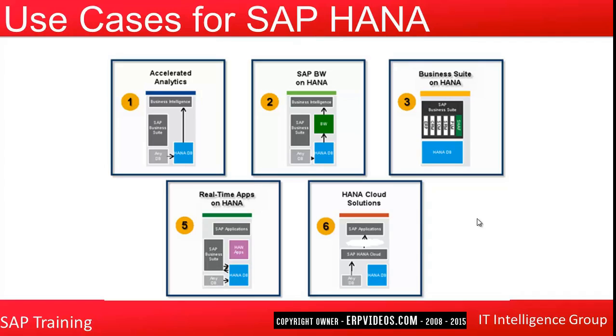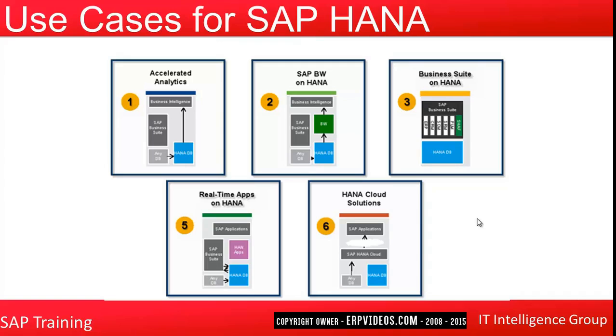Then the third one, which we will be seeing mostly in this training, is Business Suite on HANA. That is SAP's key products like ERP, SRM, SCM, PLM, which can all run on HANA as a database and application.